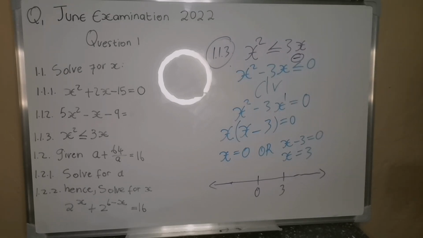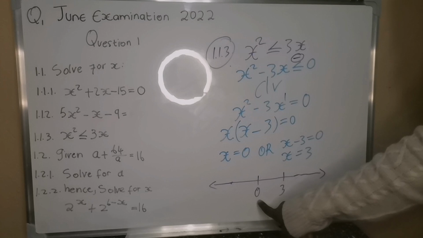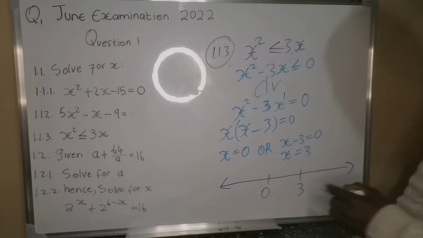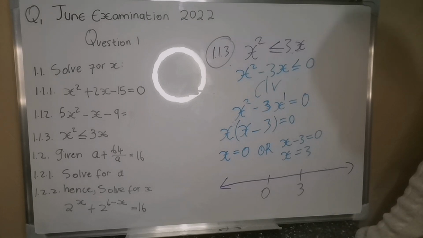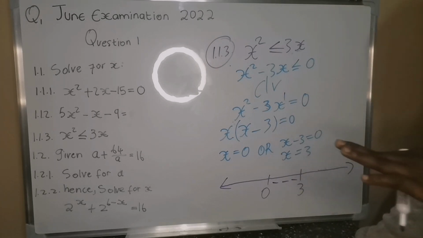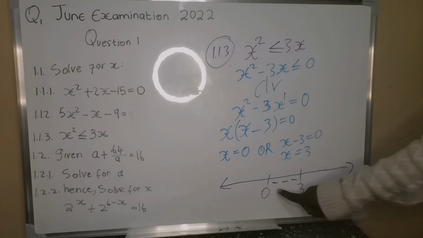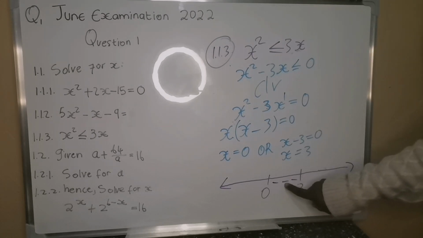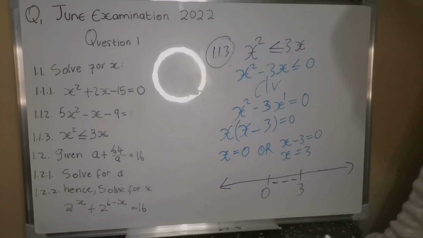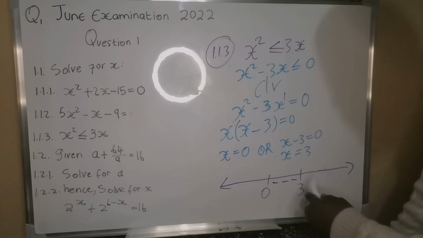Now, you know the rules of a number line. Between our critical values, or between your roots, you find values that are negative. This is a rule for any inequality question you can come across. In the examination, just draw these signs here. The values on the left of our first root, which is 0 in this case, are positive.